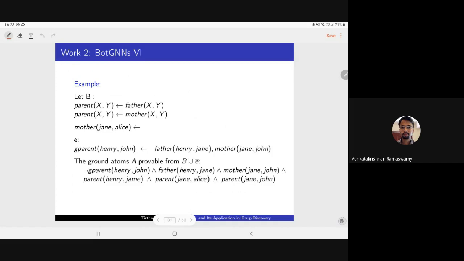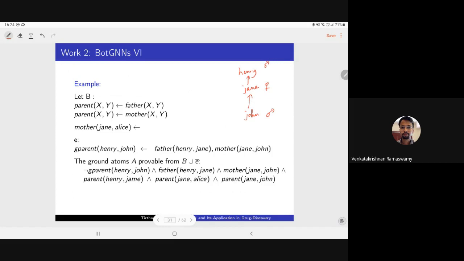And we are given, for example, an instance E, which says Henry is grandparent of John. So this is Henry, and this is Jane, and this is John. Jane is mother of John, and Henry is a grandparent of John, because the example tells that Jane is mother of John.